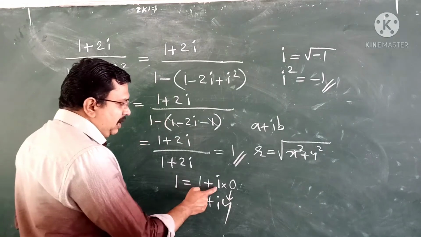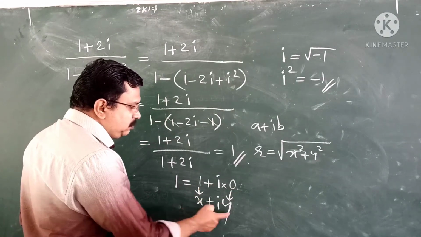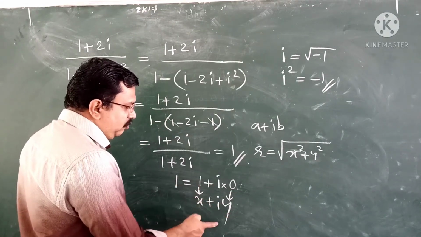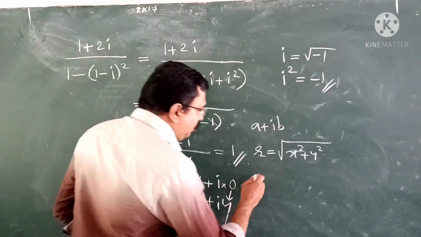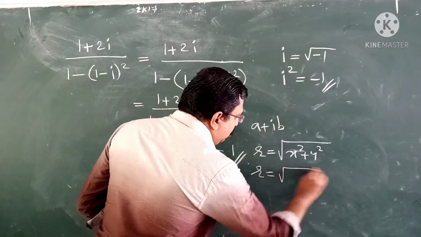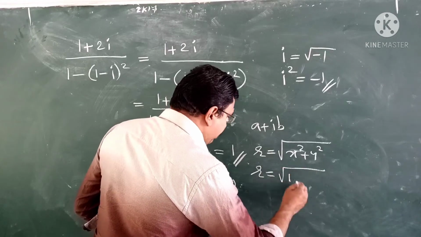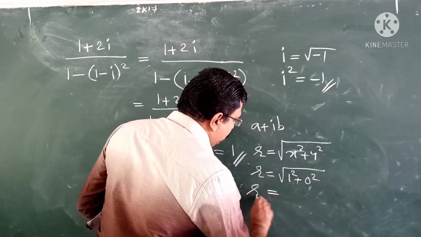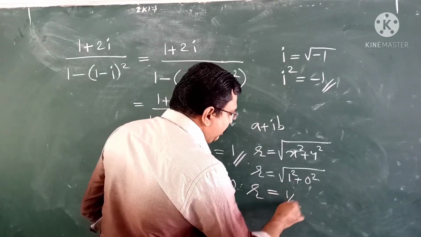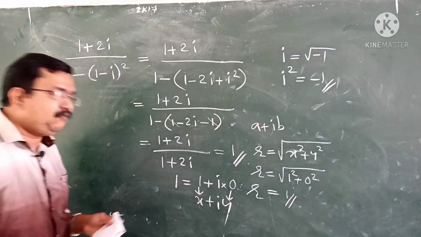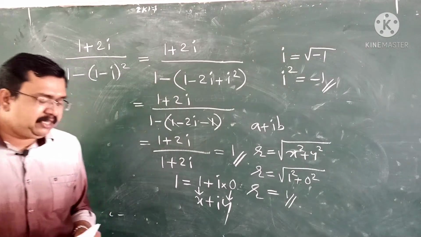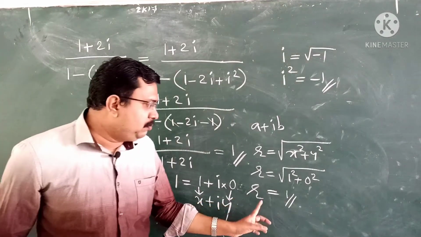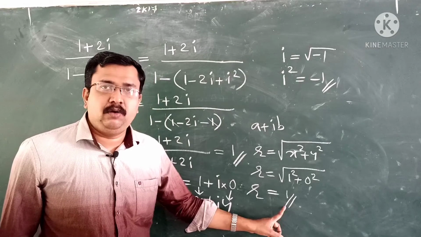So 1 + i × 0 can be written as x + iy, x = 1, y = 0. Therefore r = root of (1² + 0²), that is root of 1², so r = 1. We get the modulus r = 1.